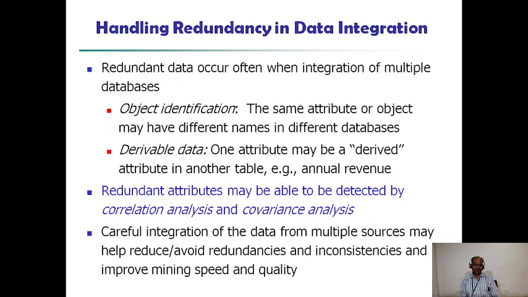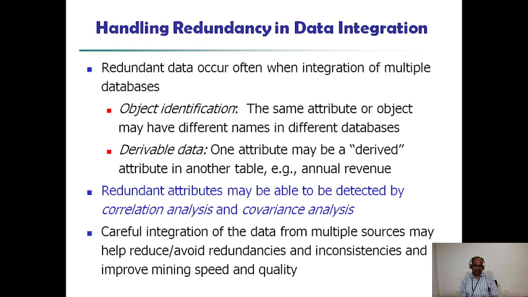So handling redundancy in data integration means, redundant data occur when we integrate multiple databases. We need to identify objects. The same attribute or object may have different names in different databases. One attribute may be a derived attribute from another attribute in another table.